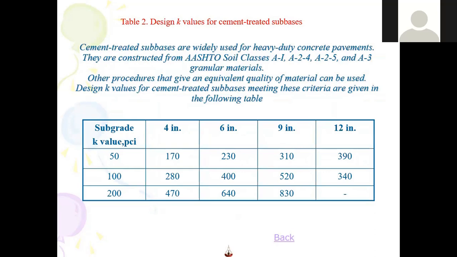If your K value is 100, you can use 400. So this is how you take the subgrade value. Unlike a flexible pavement, where you just estimate and use it in the design, here we actually don't take the K value directly, and we modify it because of the presence of the subbase.